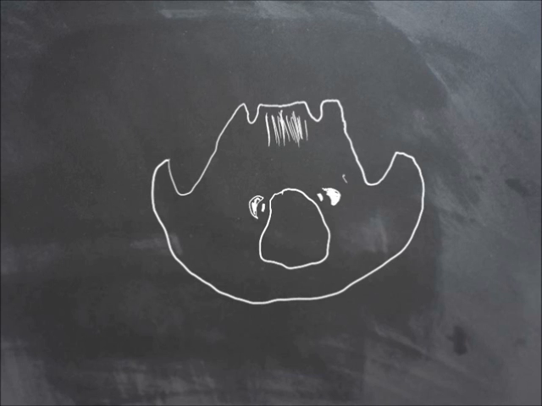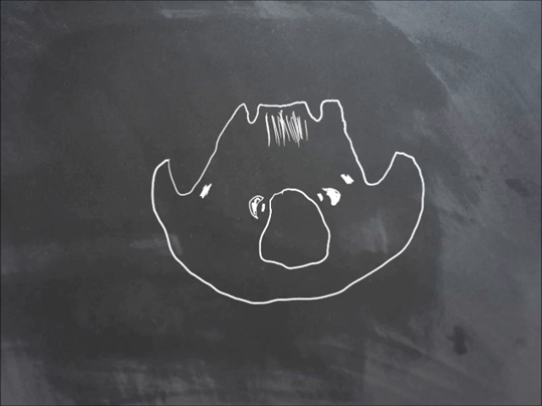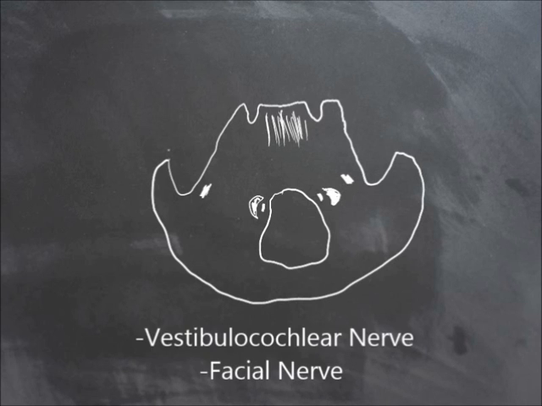And then just lateral to this, we have the internal acoustic meatus. And through the internal acoustic meatus, this is how our vestibulocochlear nerve enters into the inner ear.